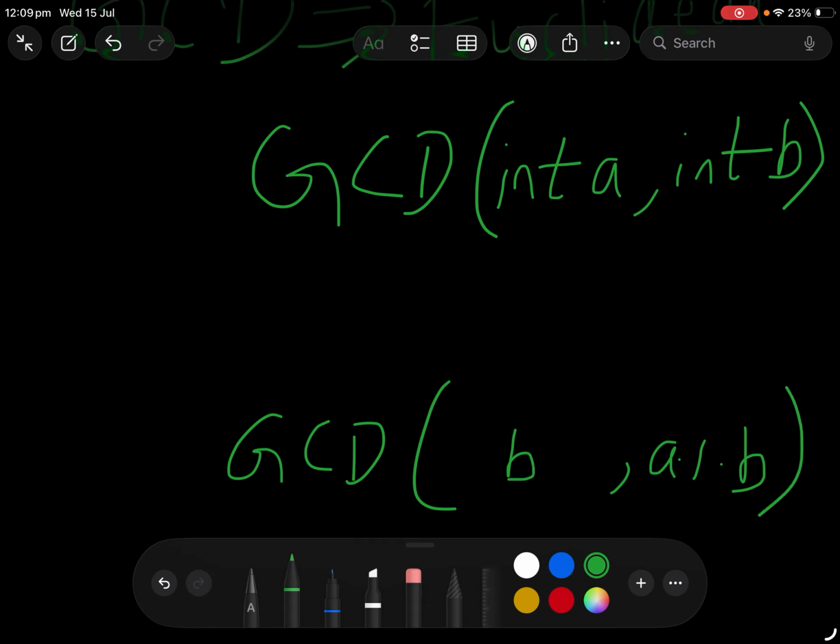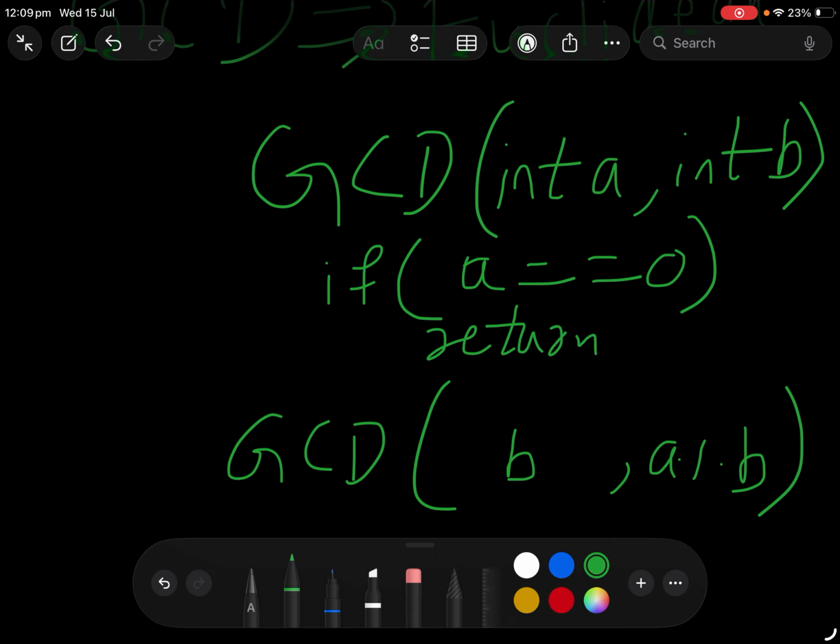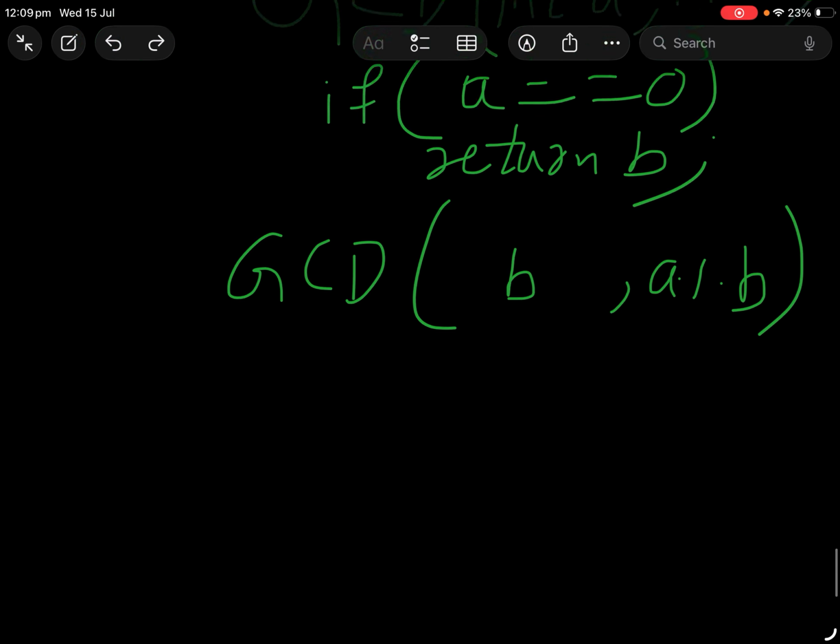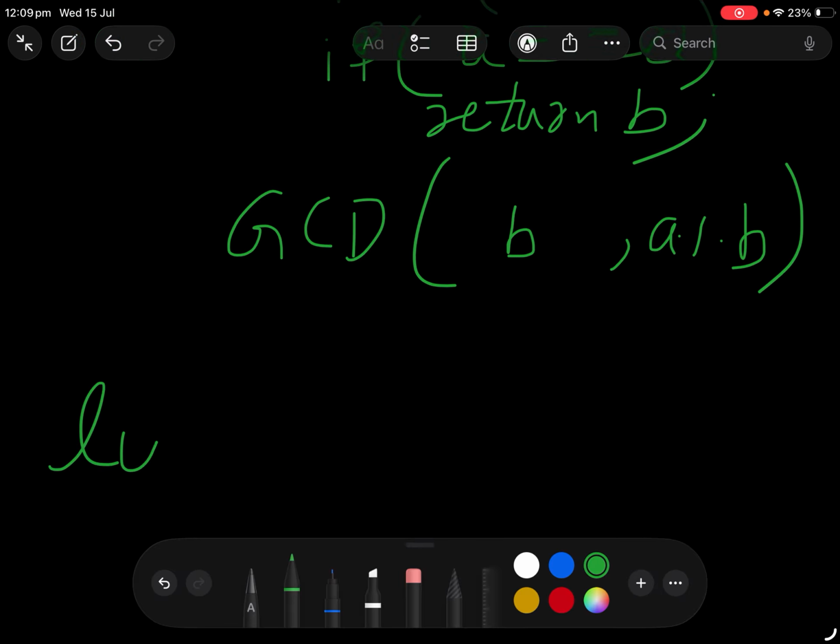You calculate this, and as soon as I get a equal to 0, what I have to do is return b. So this is our answer. This is called the Euclidean method, and the time complexity of this function is log of minimum of a comma b.